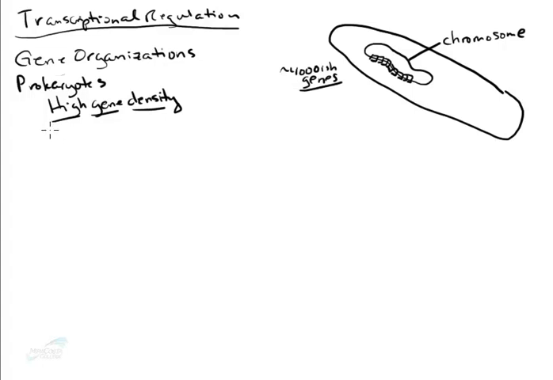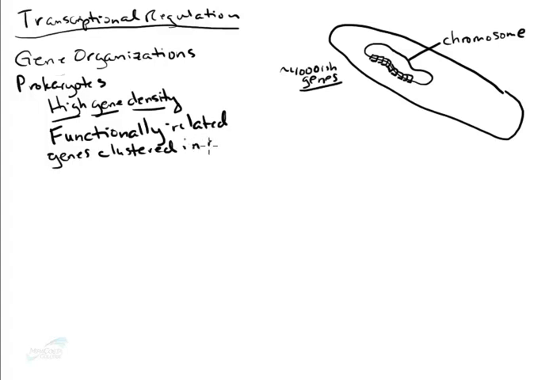In addition, in prokaryotes we see something interesting: functionally related genes, that is, genes that code for proteins acting in the same metabolic pathway, tend to be clustered together within the genome in units that are called operons.